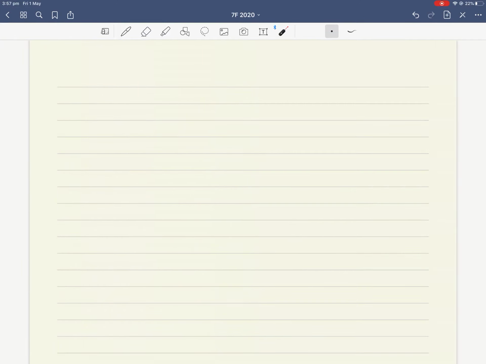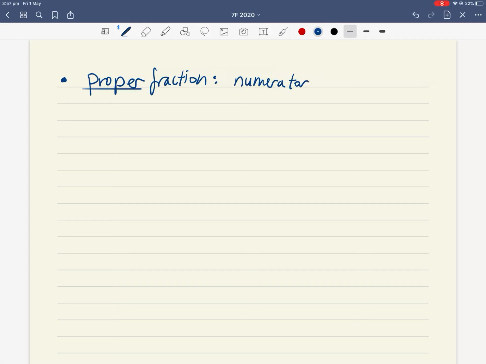Now, there's some other terminology I would like you to remember. So first word is, what is a proper fraction? The word proper means that the numerator, the number on top, is smaller than the number on the bottom. So don't forget, this sign means smaller than.